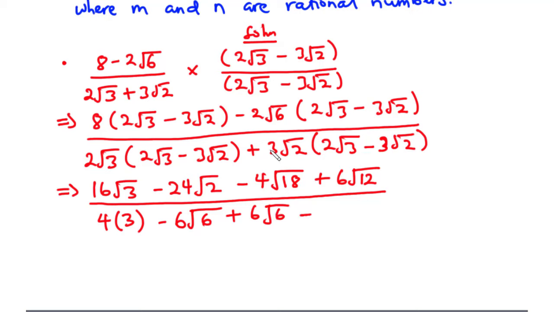We have minus 3 times 3 is 9, and then root 2 times root 2 is root 2 squared, which is 2.